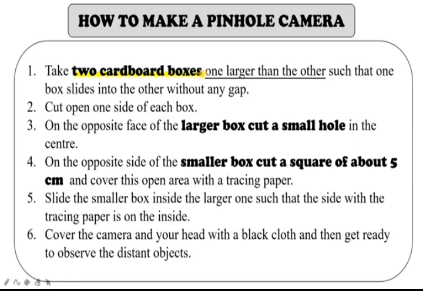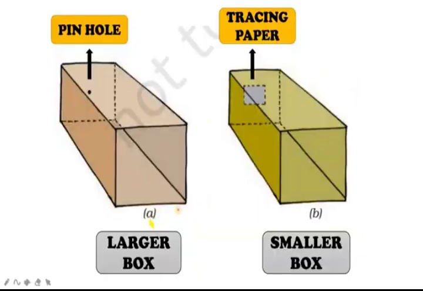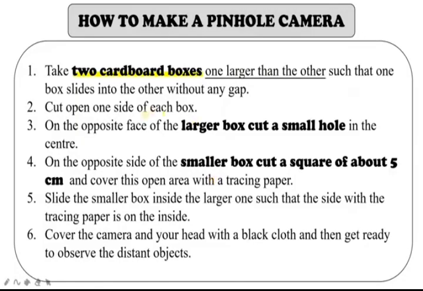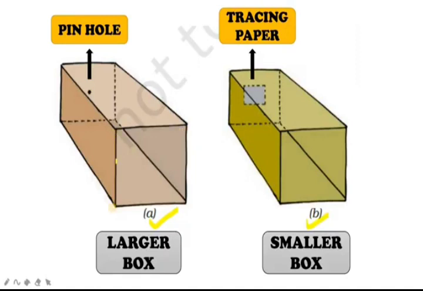One will be larger than the other, such that the smaller box should be able to keep inside the larger box. Cut open one side, just open one side of the larger box.